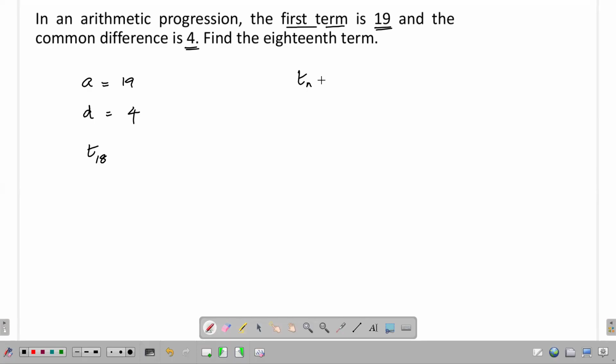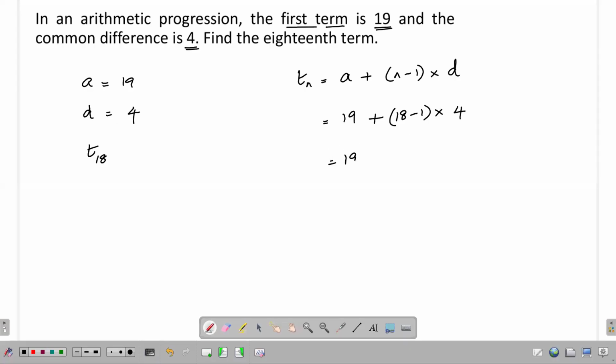The expression to find the nth term of an AP is Tn equals a plus n minus 1 times the common difference d. Substituting the values: 19 plus, for the 18th term, 18 minus 1 times the common difference, that is 4.